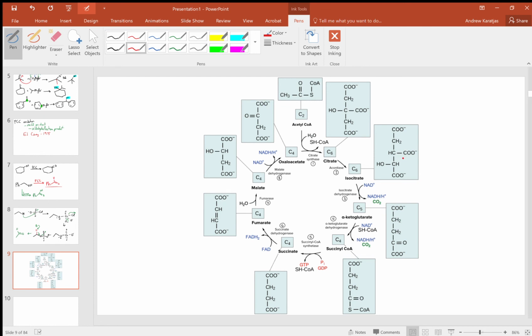Well, for example, isocitrate, we can see here, has a secondary alcohol that in the presence of NAD+, we oxidize to a ketone. And later on, malate has its secondary alcohol, which can be oxidized to a ketone. So oxidation reactions of alcohols are very, very important reactions, not just synthetically, but also within biological systems.